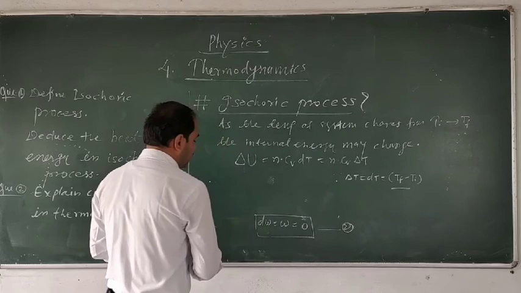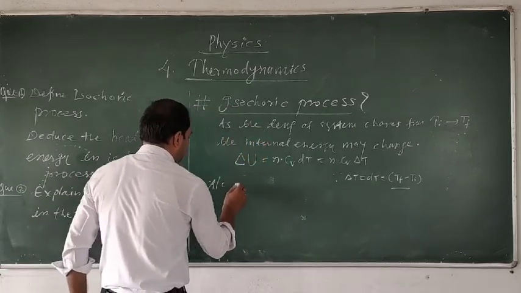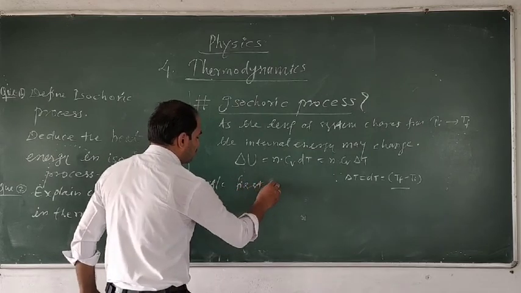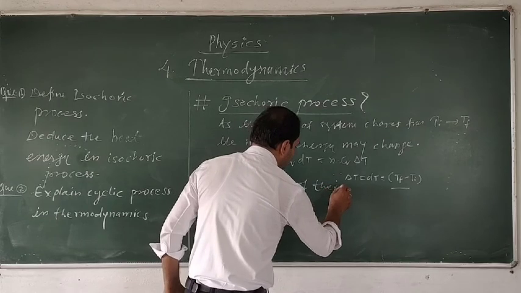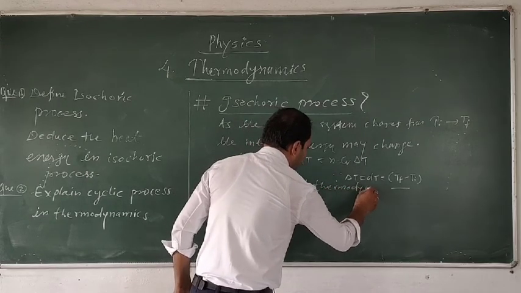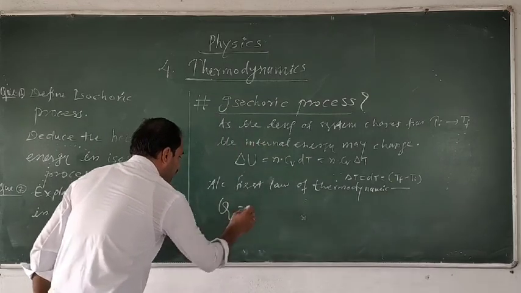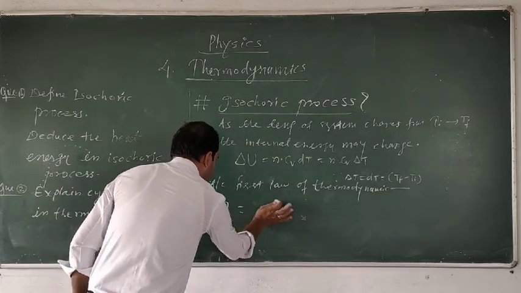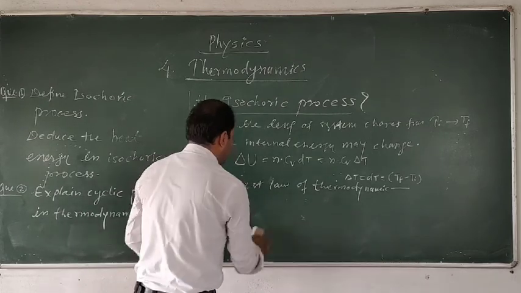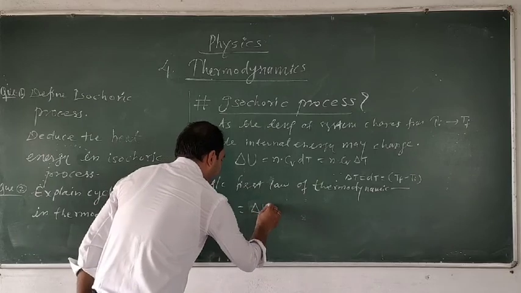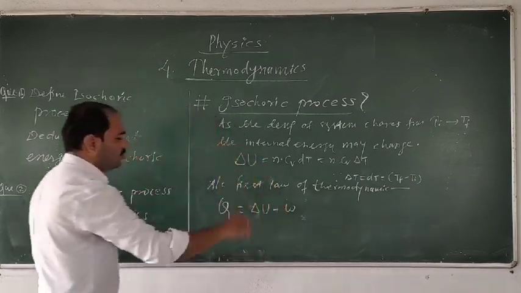Therefore, according to the first law of thermodynamics, Q is equal to dU plus dW, that is delta U plus delta W.